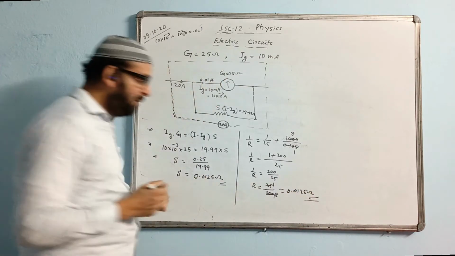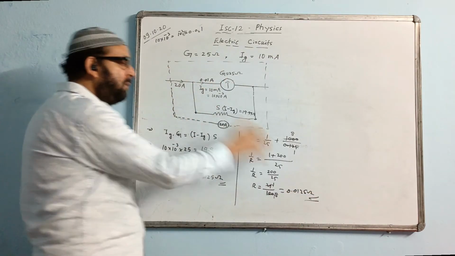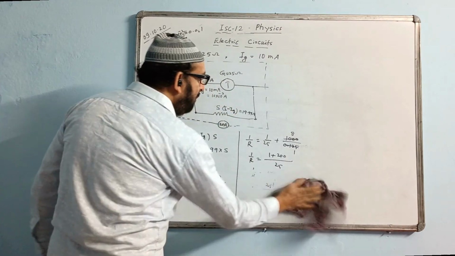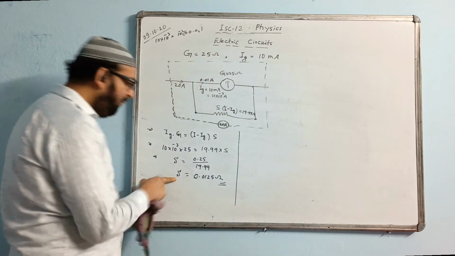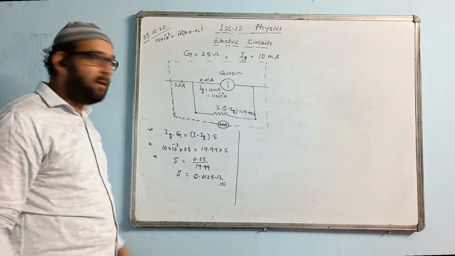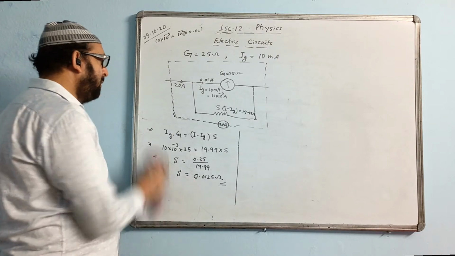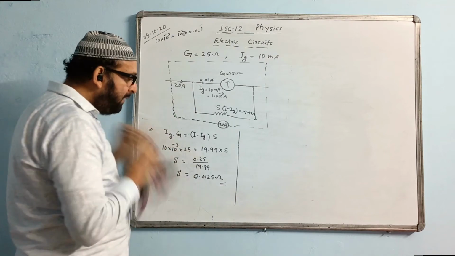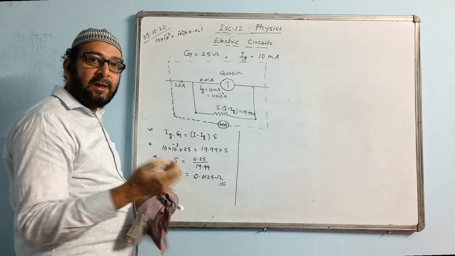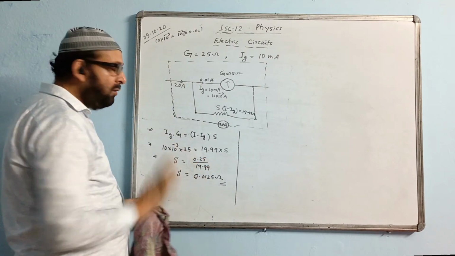So you will not show this working. The approximate value will be equal to the value of S, if the question asks you that. I am not very sure of the calculation part. You can check it, calculate, and whatever answer comes, that answer only you write.